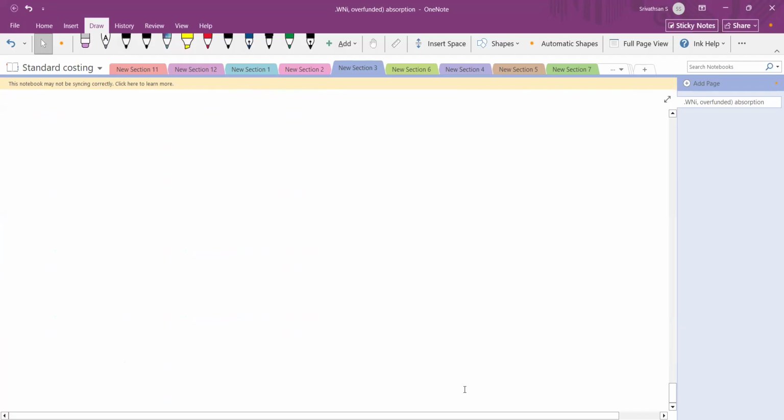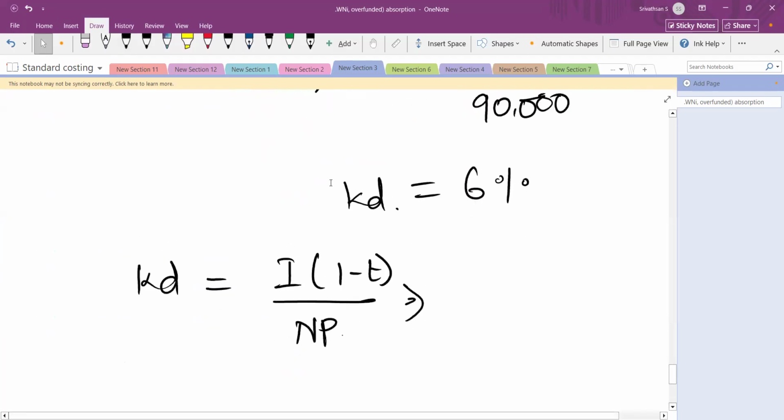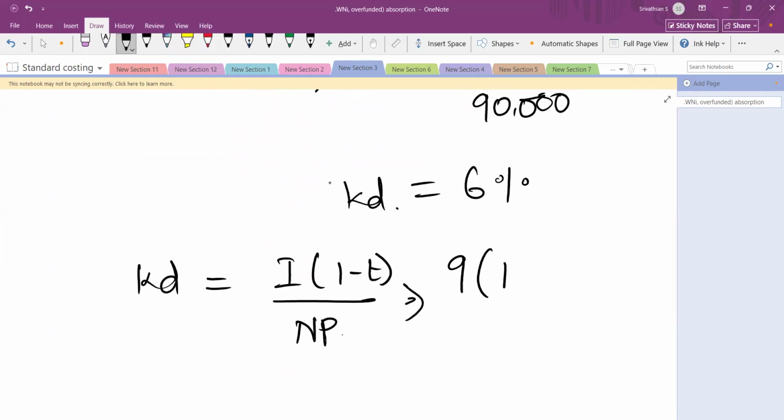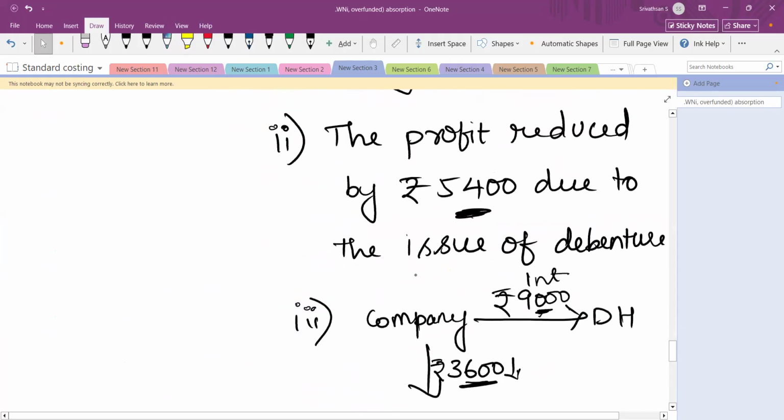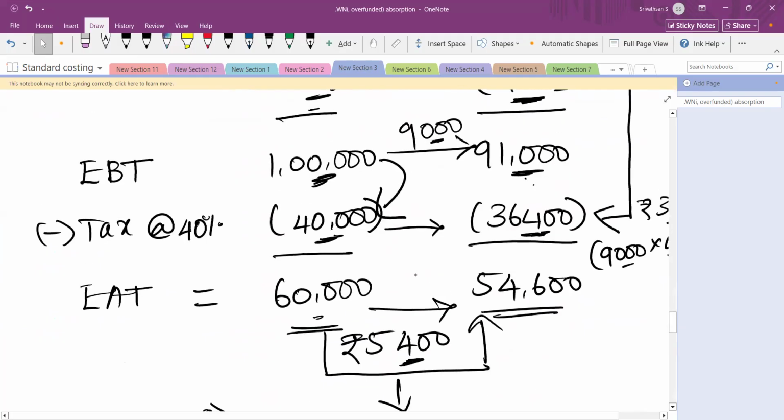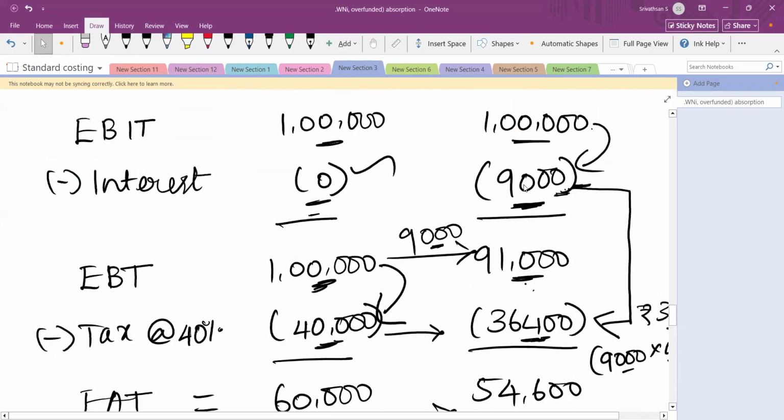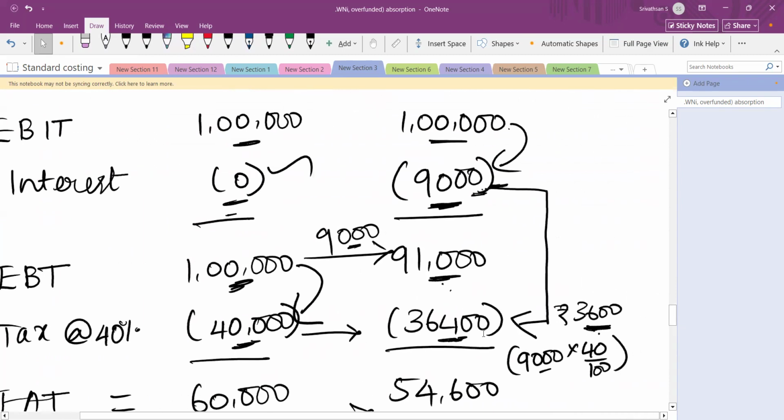So the amount of interest is 9 rupees multiplied by 1 minus tax rate, which is directly given in the question, 0.4. Now, listen, why are we multiplying interest with 1 minus t? Because here we discussed the logic, right? The company is paying interest to the debenture holders. Because of paying interest to the debenture holders, the company is saving some tax expenses.